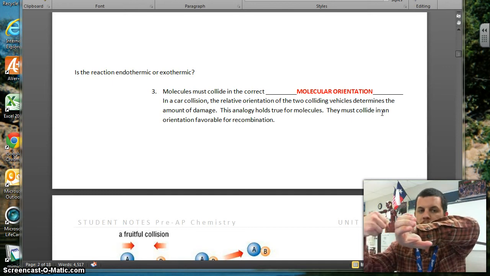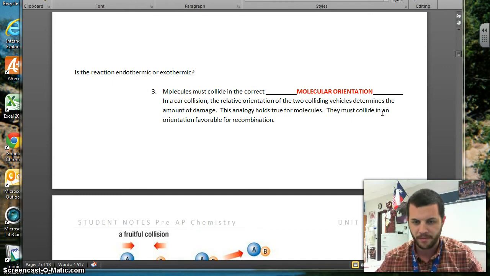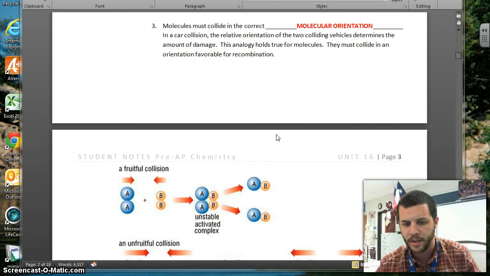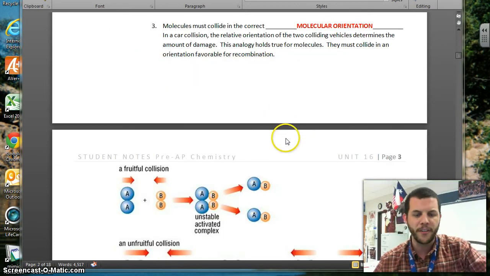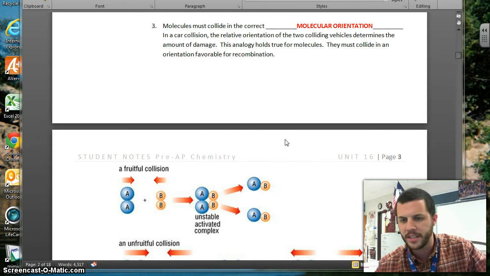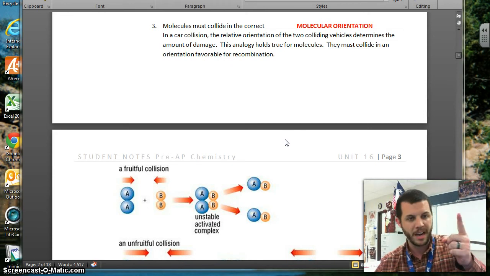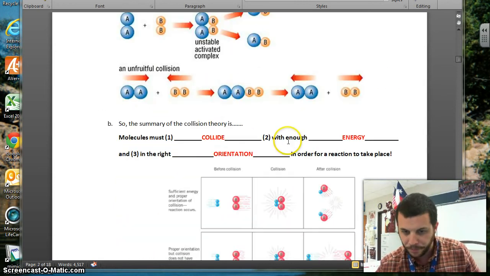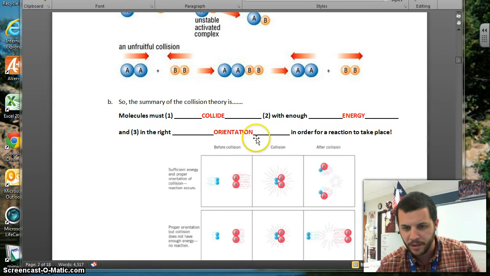If one of them's backwards, then it's just going to bounce right off. So that's the third part of collision theory. Molecules must collide in the correct molecular orientation. Otherwise, they'll bounce off and they'll find another molecule to react with. Once they find one that they can collide with enough energy in the correct orientation, then they'll have a reaction. So in summary, they've got to collide with enough energy in the correct orientation.